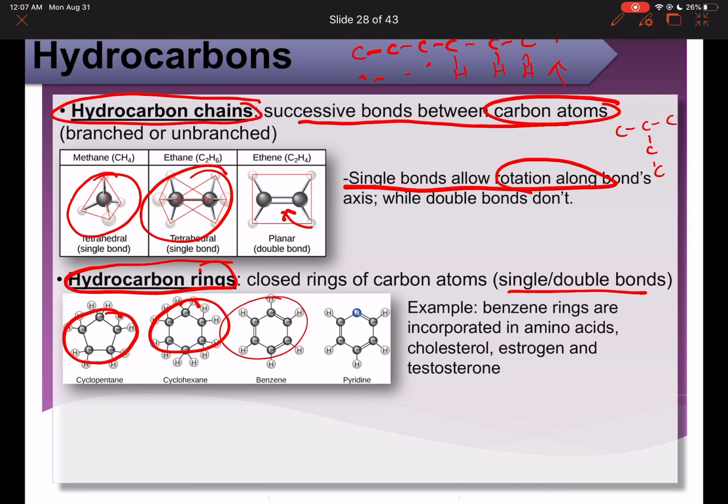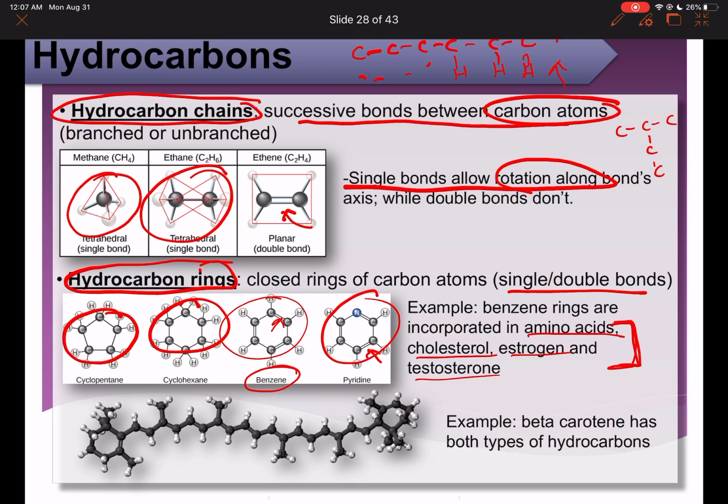And these two examples contain carbon-carbon double bonds within the hydrocarbon ring itself. Some examples of hydrocarbon rings are benzenes, which are a lot of times incorporated into amino acids, cholesterol, estrogen, and testosterone. Again, we'll talk about these macromolecules in the next chapter.